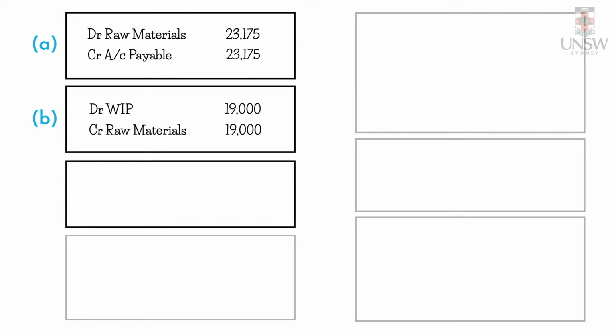The event that happened in Part C: direct labour payroll for the month was $17,850 with an average wage of $8.50 per hour. So for Part C, we debit work in process for $17,850 and credit wages payable $17,850.